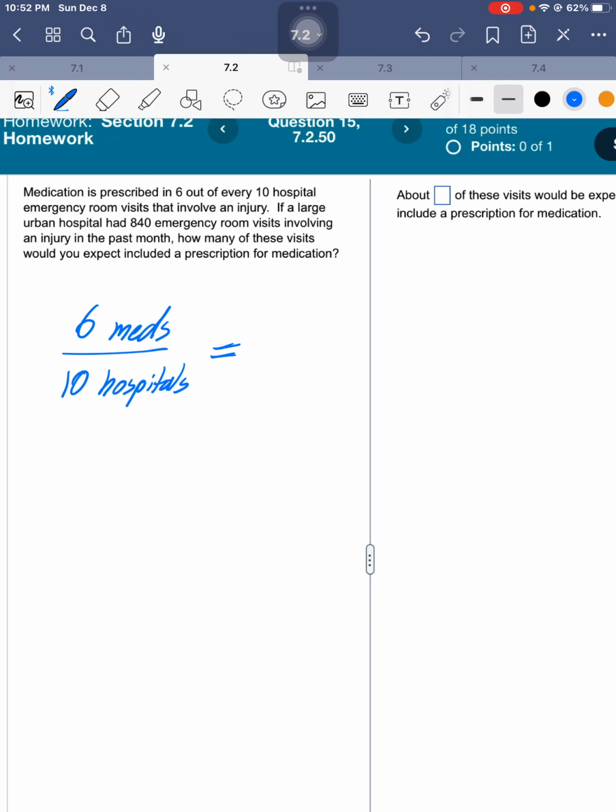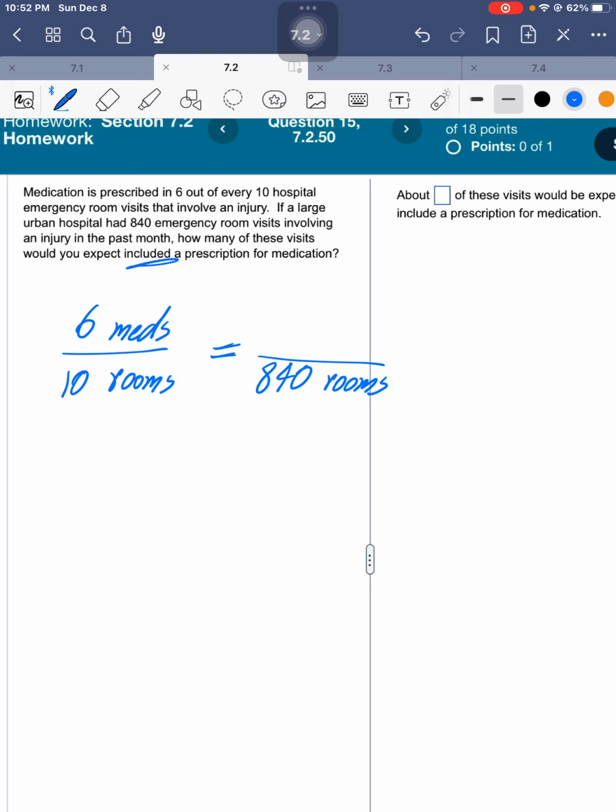Medication is prescribed in 6 out of every 10 hospital emergency rooms. If a large urban hospital has 840 emergency rooms, well, I guess I should write rooms instead. 840 rooms.